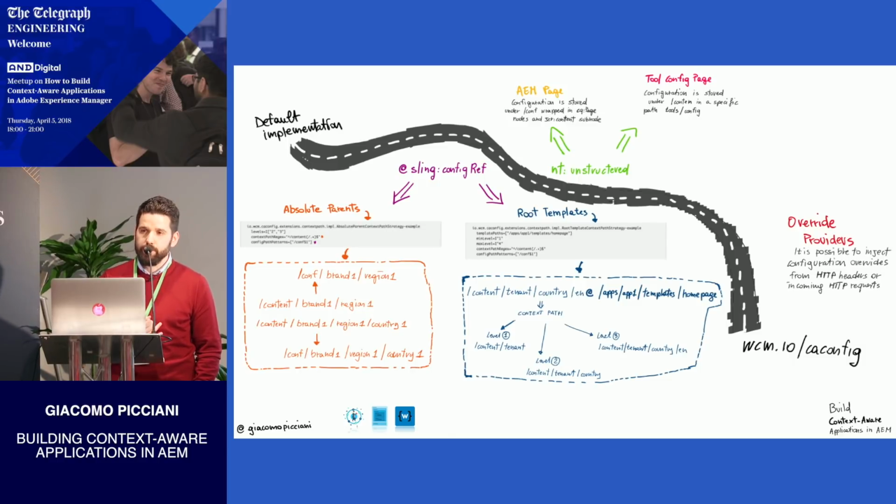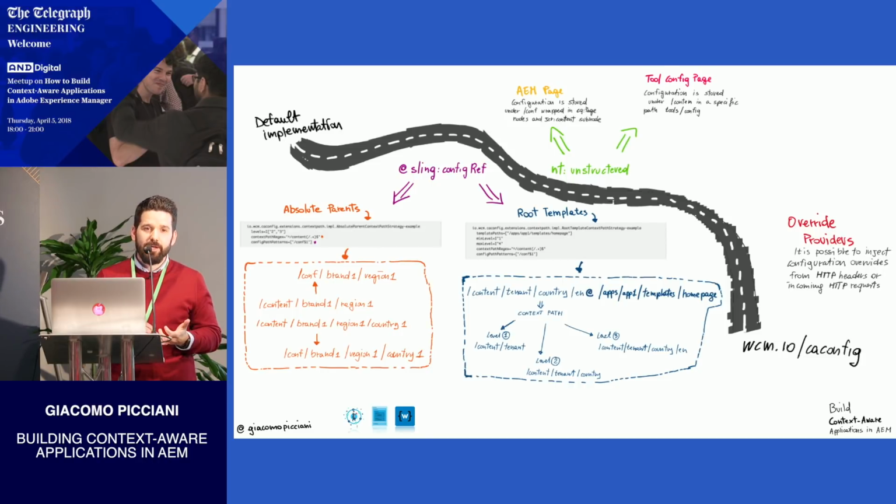So, for example, if you have a way to spin up machines on demand, you can easily reconfigure your environment just by providing a list of properties through your system as an environment variable. Okay. And also you can override through OSGi.